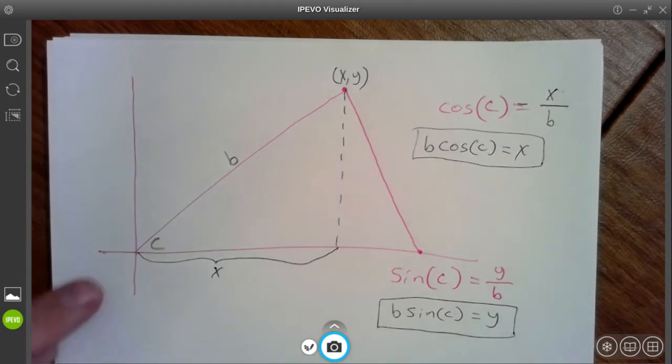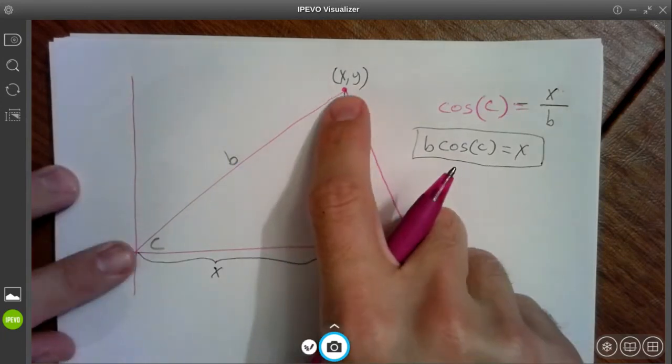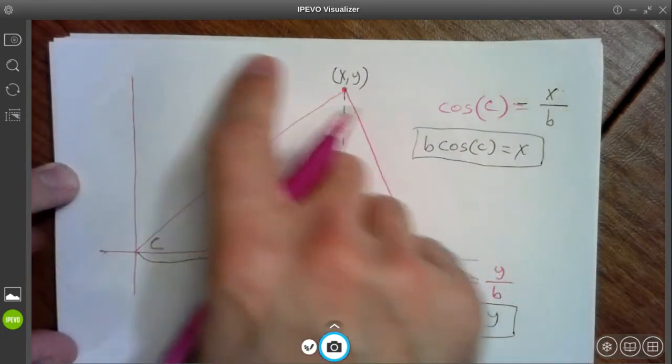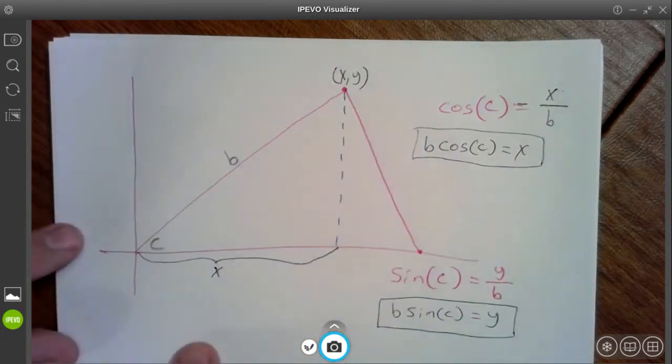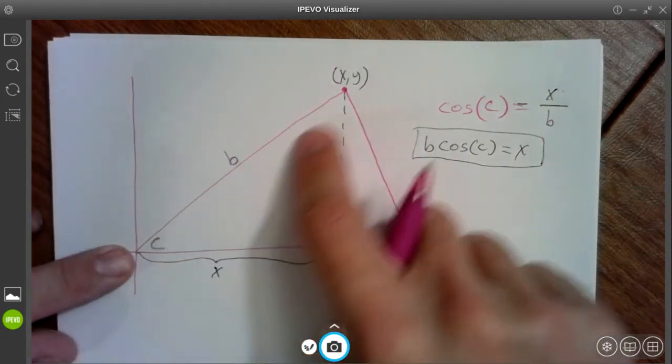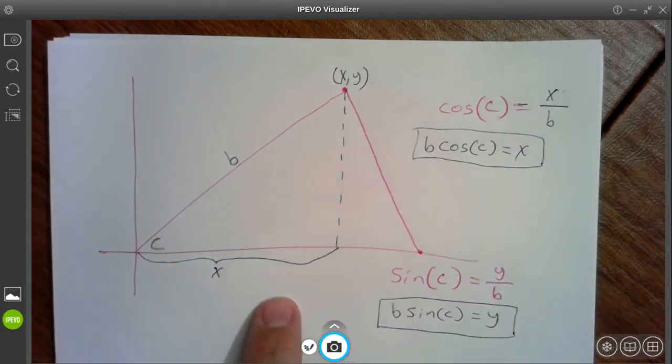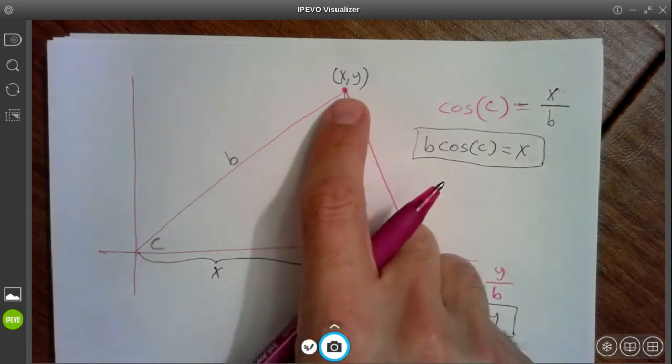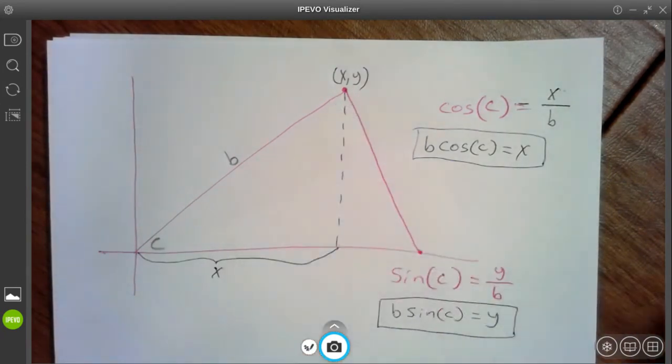Well, here we're thinking of this point as a point on some circle where the radius is B. It's another way of defining the coordinates for points. It's called polar coordinates.